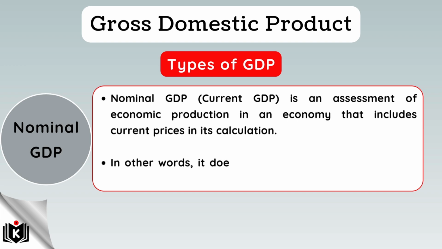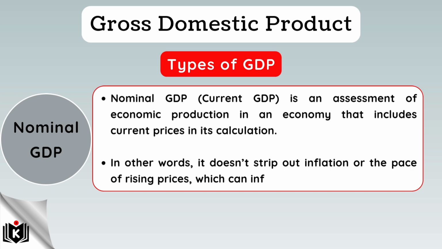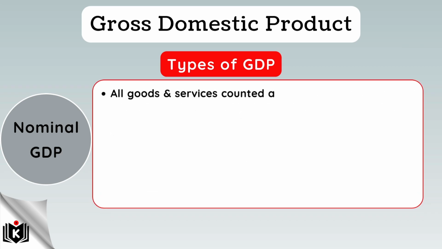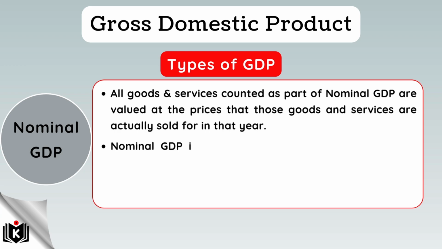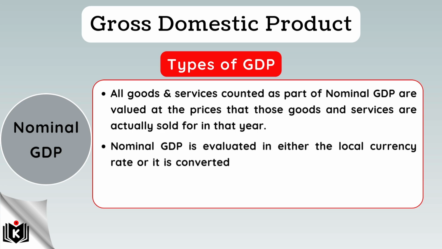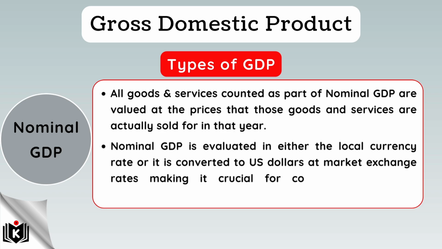In other words, it doesn't take out inflation, or the pace of rising prices, which can inflate the growth figure. All goods and services counted as part of nominal GDP are valued at the prices that those goods and services are actually sold for in that year. Nominal GDP is evaluated in either the local currency rate, or it is converted to US dollars at market exchange rates, making it crucial for comparing economies globally.